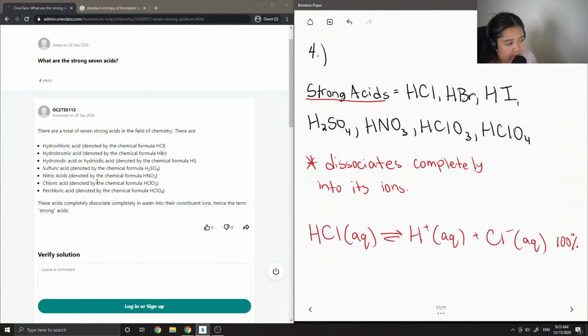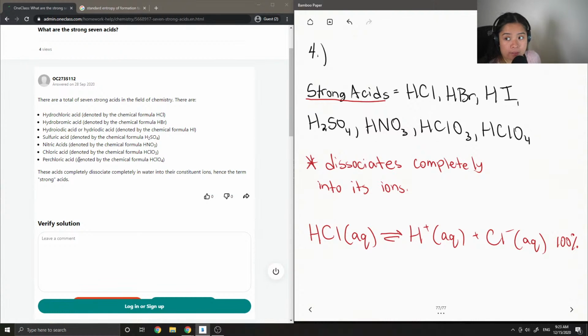Okay, so let's see what the junior tutor said. There are a total of 7 strong acids in the field of chemistry. They are hydrochloric acid, HCl, hydrobromic acid, HBr, hydroiodic acid or hydriodic acid, denoted by HI, sulfuric acid, H2SO4, nitric acid, HNO3, fluoric acid, HClO3, and perchloric acid, HClO4.